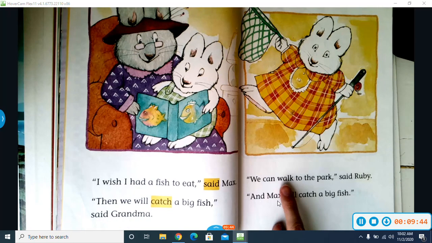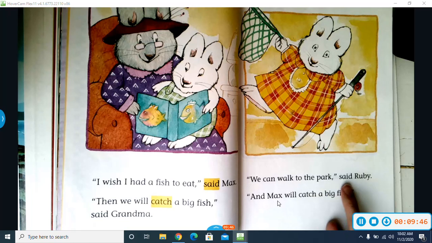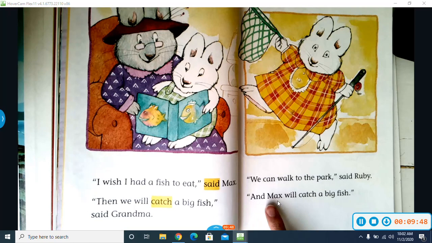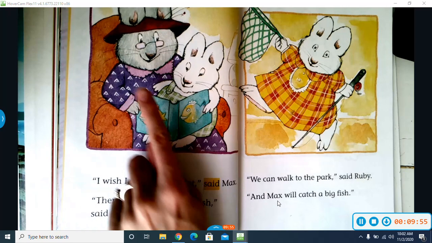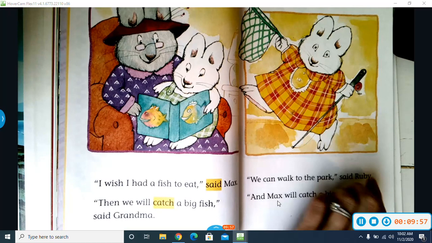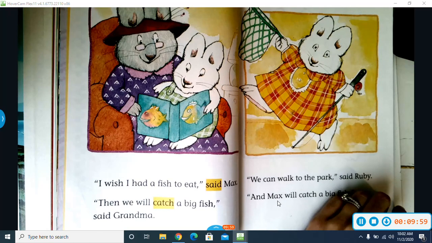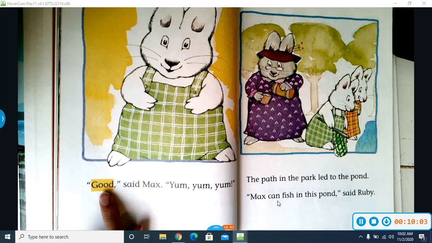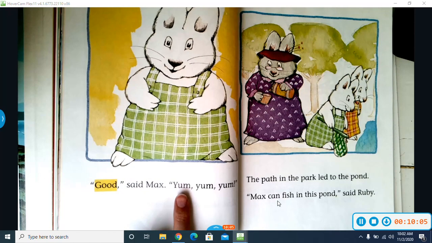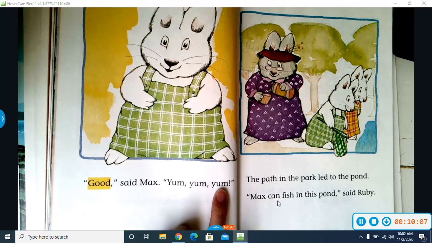We can walk to the park, said Ruby, and Max will catch a big fish. Here's Ruby. So we have Grandma, Max, and Ruby. Good, said Max. Yum, yum, yum.